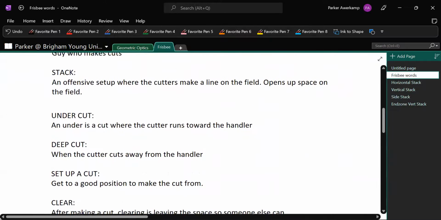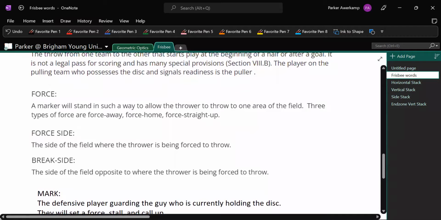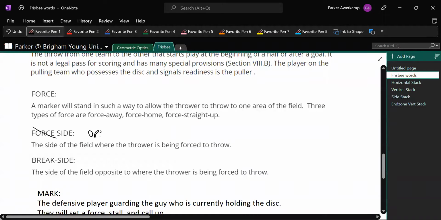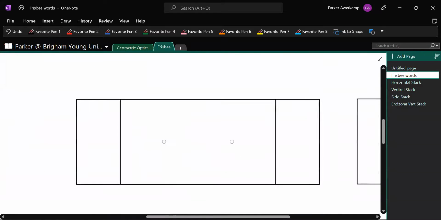So then the terms that we get from force are the force side, or we usually will call this the open side, and the break side. So open side is where you want them to throw it if you're on defense. The open side is where the defense is allowing you to throw, and the break side is where the defense is trying to stop you from throwing.